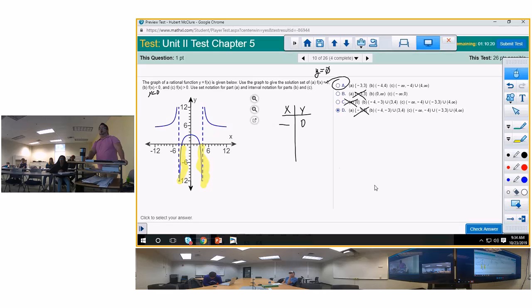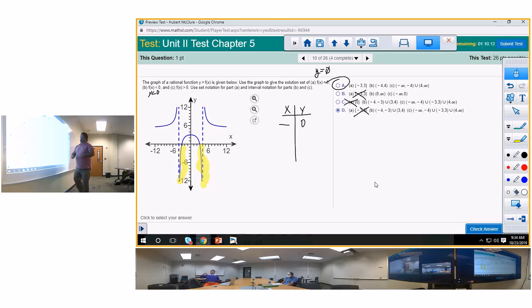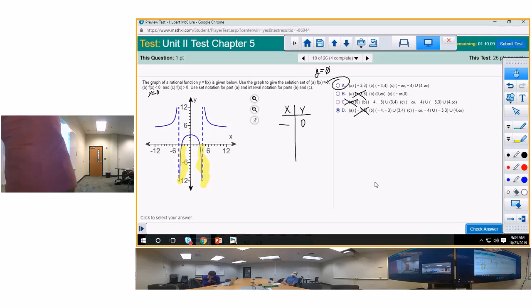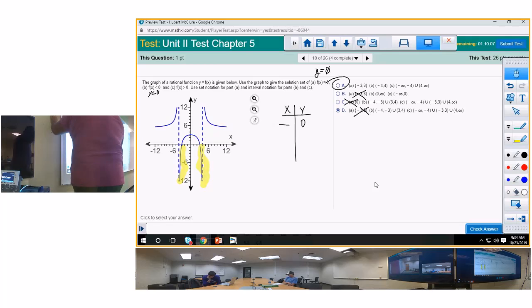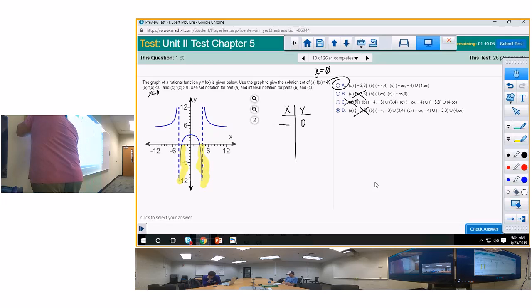And what they're saying is, I'm just going to use the marker here. Oh, primitive. I hate this thing. Right here and right here is where it's below what?